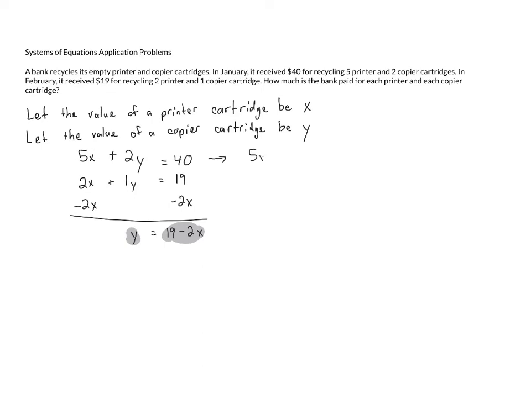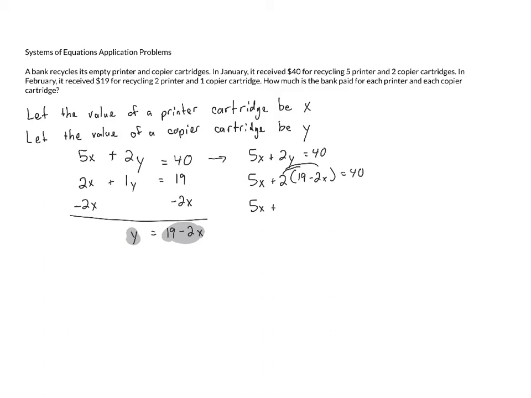So we've got 5x plus 2y equals 40. Let's replace that y with 19 minus 2x. And let's go through and solve. We can distribute the 2.